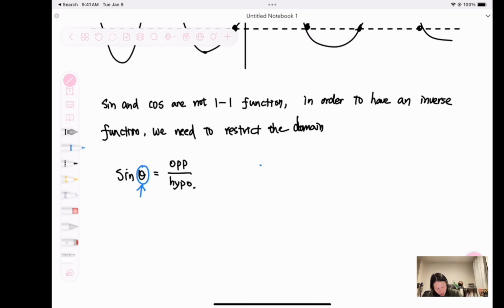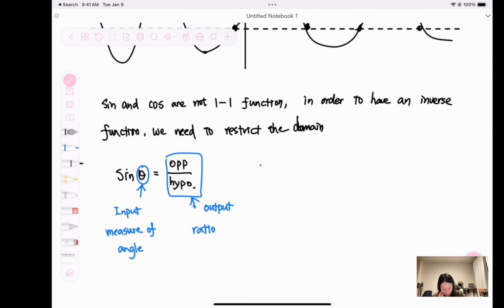Theta, the measure of the angle, is our input. And this number is our output. This is the ratio of the sides, right? Remember that for an inverse function, input becomes output. So when they swap, we will have what?